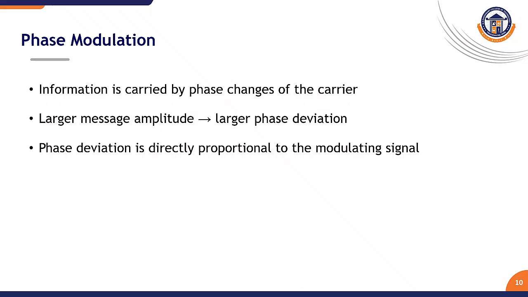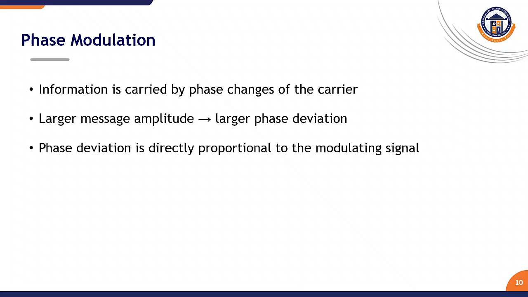In this modulation technique, information is communicated entirely through changes in the phase of the carrier signal. Phase modulation is widely used in digital communication systems and forms the basis for many advanced modulation techniques used in modern wireless communication systems.